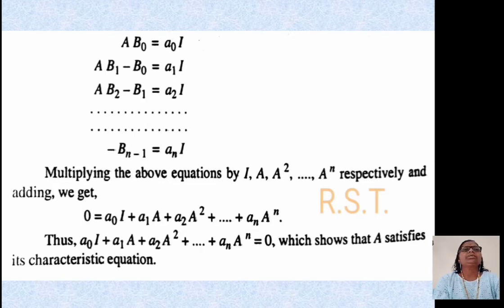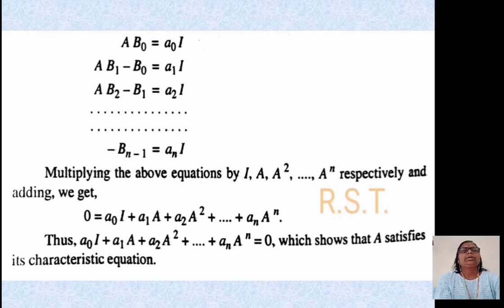That means AB0 equal to a0 I, then multiply AB1 - B0 equal to a1 into I by capital A, multiply the equation AB2 - B1 equal to a2 I by A square, and the last equation -Bn-1 equal to an I by A raised to n, and after adding we get 0 on the LHS: 0 equal to a0 I + a1 A + a2 A square + up to the last term an A raised to n.